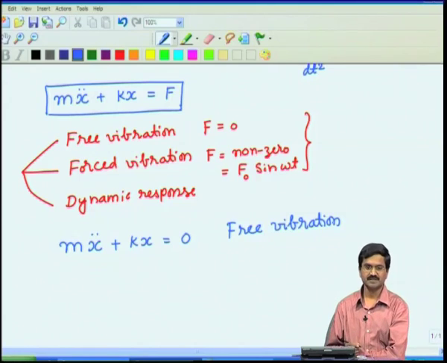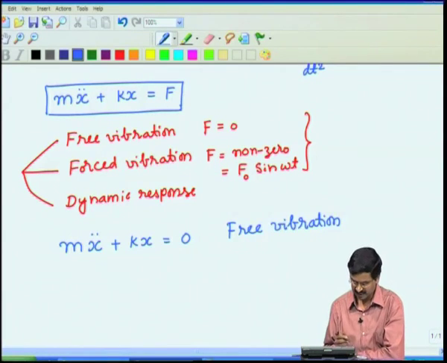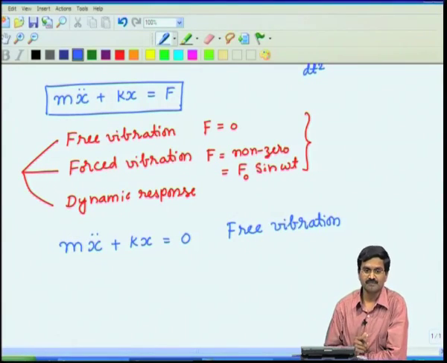If we look at this equation, it immediately strikes us that sine and cosine solutions will satisfy it, because if I take one derivative of sine it becomes cosine, and the second derivative becomes minus sine. We have m x double dot plus k x, and if x and x double dot have opposite signs, we can satisfy this equation.